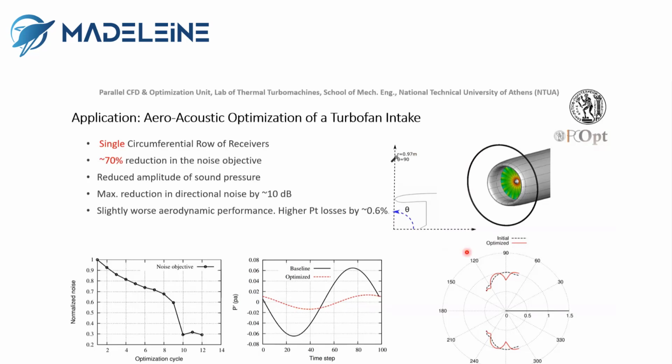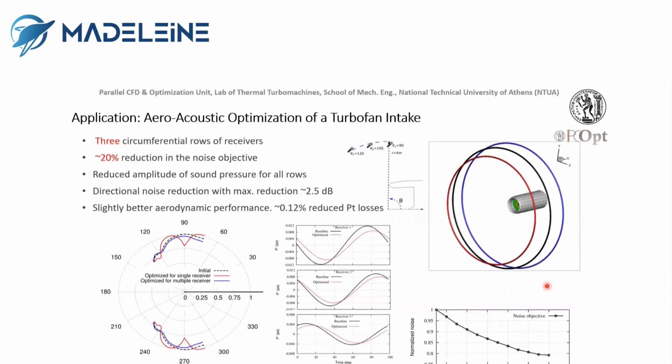We are performing the optimization for about 12 optimization cycles, and we come up with a reduction in the objective function of 70%, which corresponds more or less to a 10 decibel decrease in noise. However, this reduction is directional, if you see the directivity plot, and it occurs only close to the position we have placed the receiver.